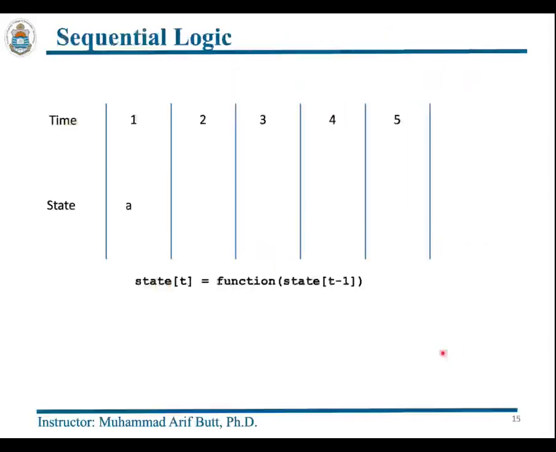Let me further illustrate this process for a very clear concept. Suppose there are discrete time signals 1, 2, 3, 4, 5, and so on. And suppose that at time signal 1, the state of the system is known to us, and that is A. So the state at time 2 will be a function of the state at time 1.